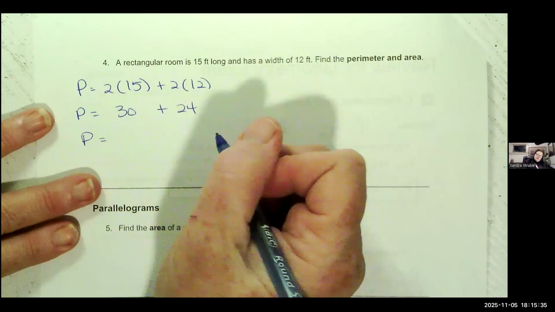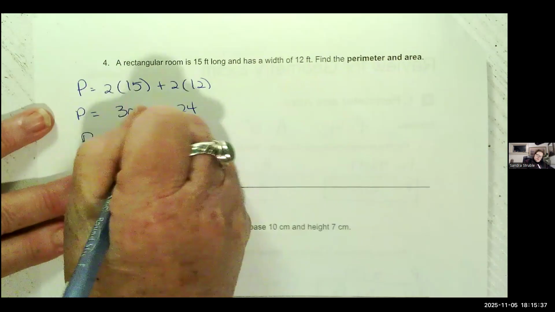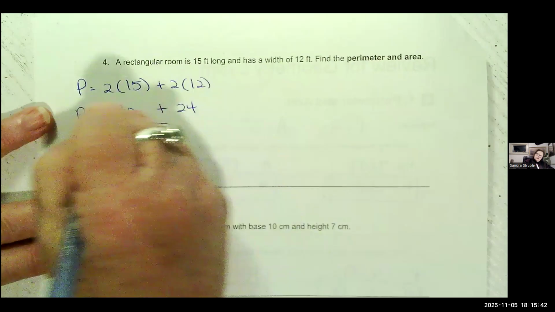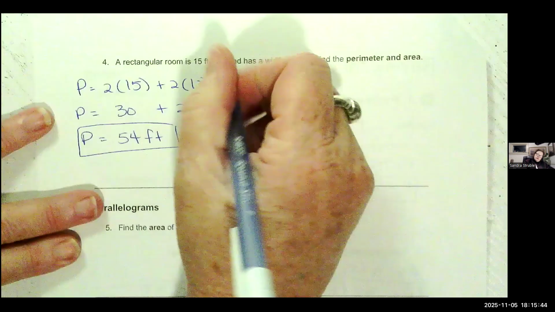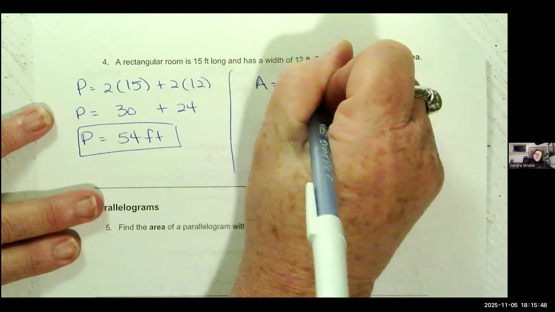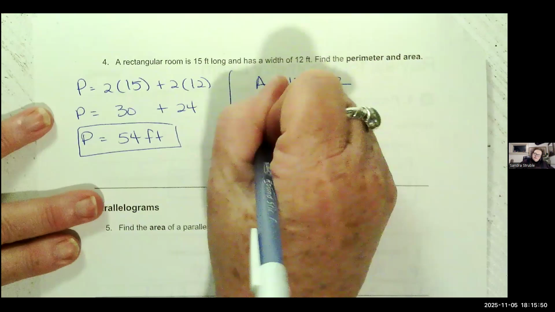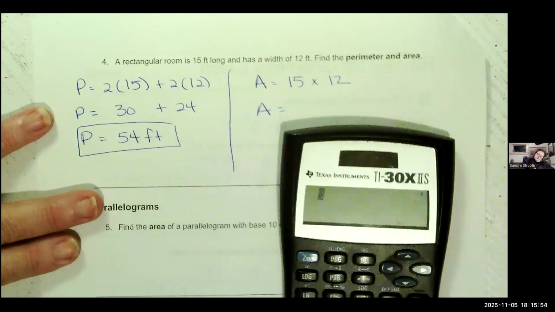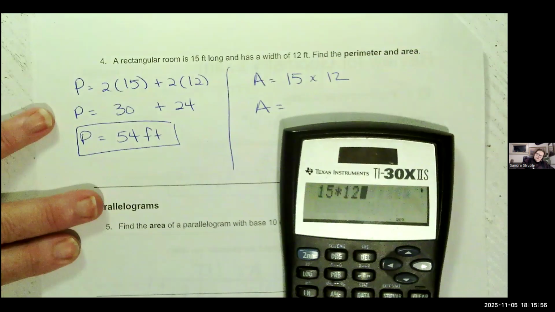And our unit is feet. Finding the area, it's just length times width. So 15 times 12. 180 feet squared.